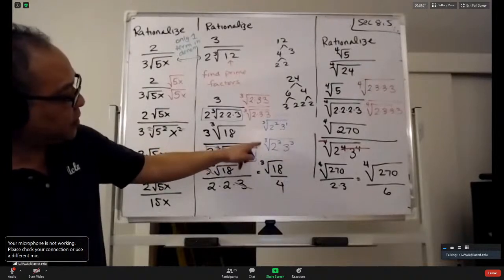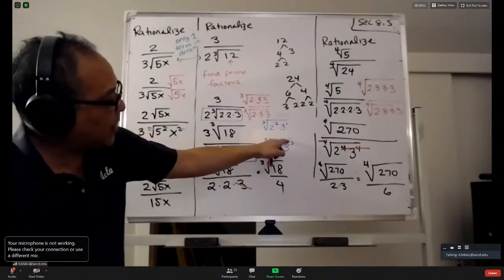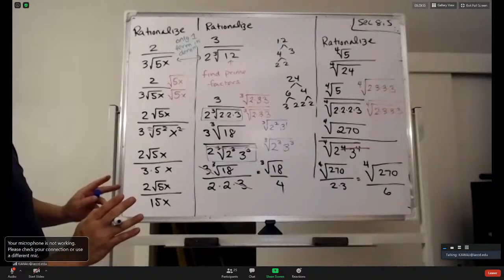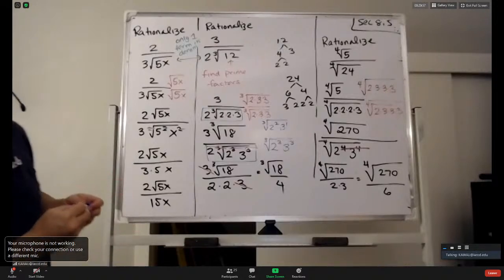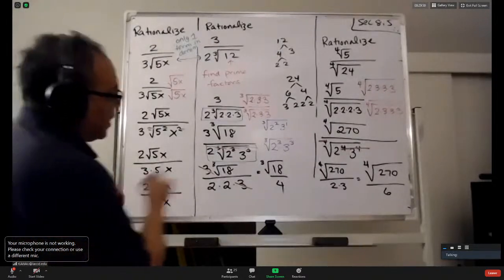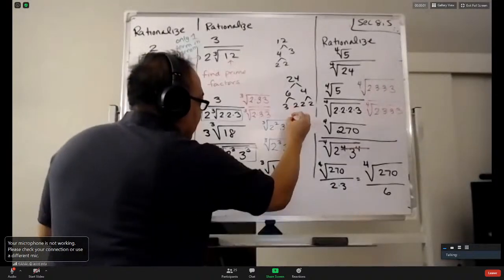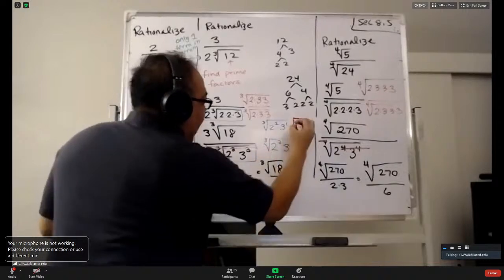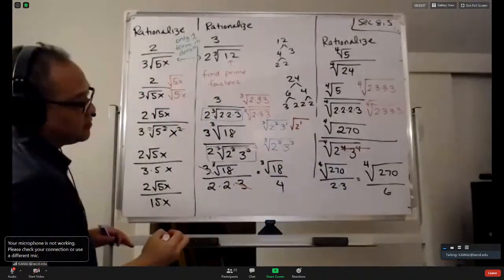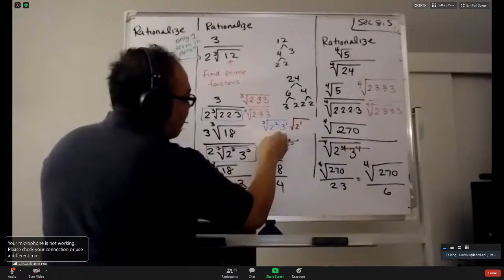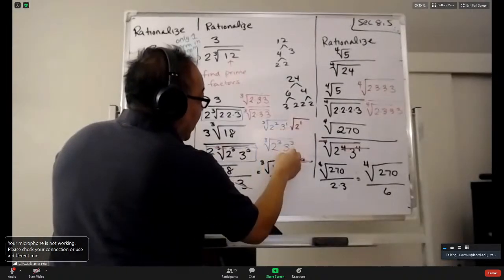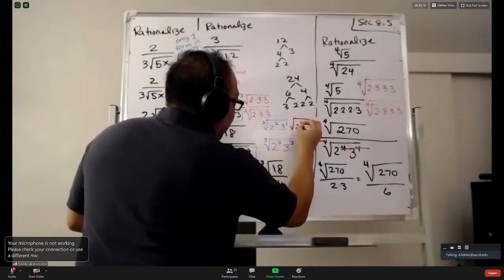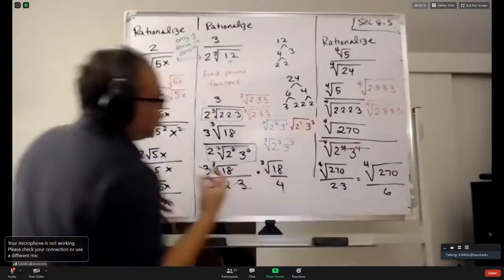I want to get to this because then this 3, that 3, and that 3 will all cancel each other out. So all I'm adding to this is what's missing. I have 2 2s. I want to become that. I need 1 more 2. I have 1 3. I need to get to 3 3s. So I'm adding 2 more 3s.